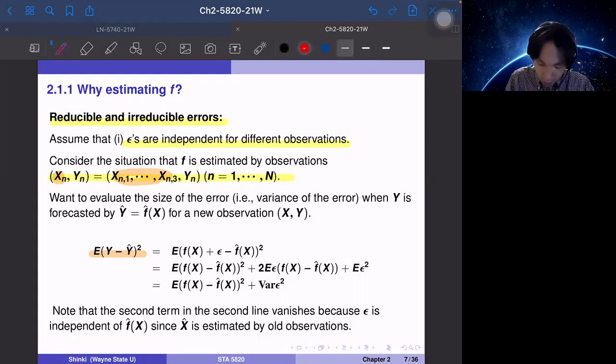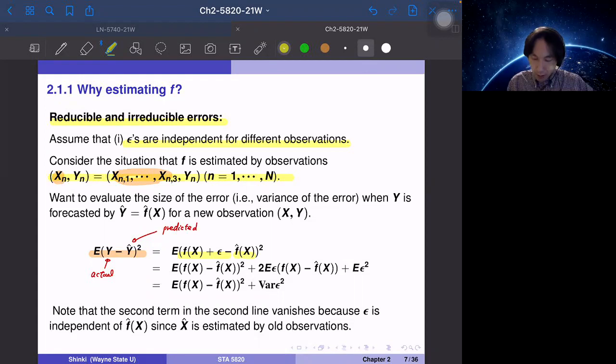So this is the actual observation, and this is predicted. Okay, so we try to decompose this. And y is, by definition, f of x plus epsilon. And the y hat is estimated by f hat. That's the same meaning. Then we decompose this.